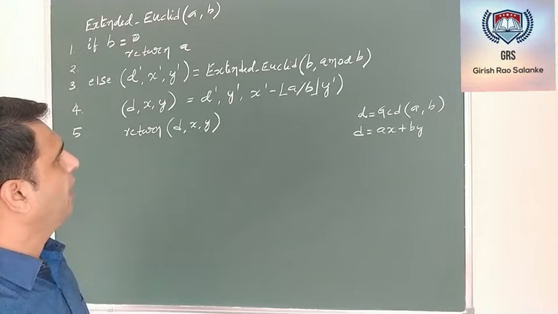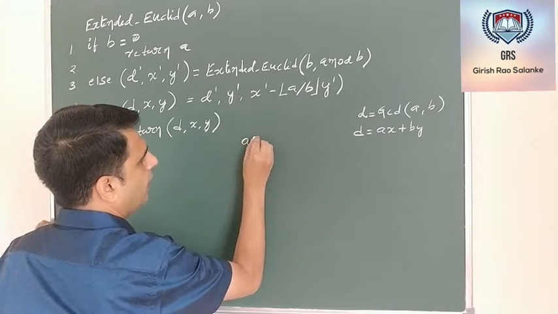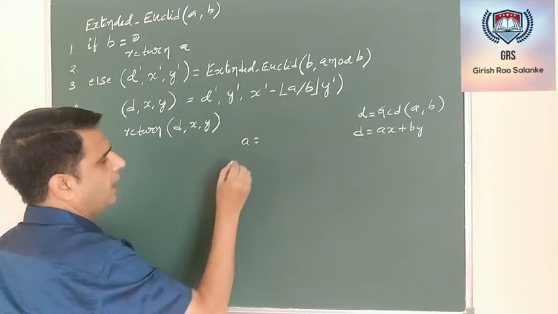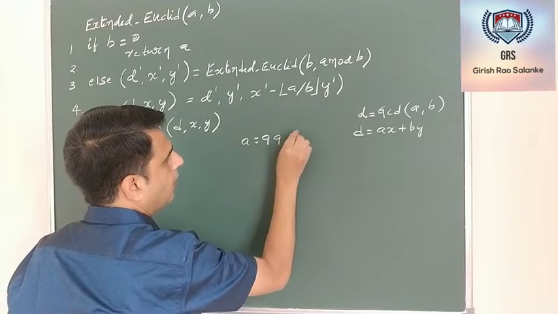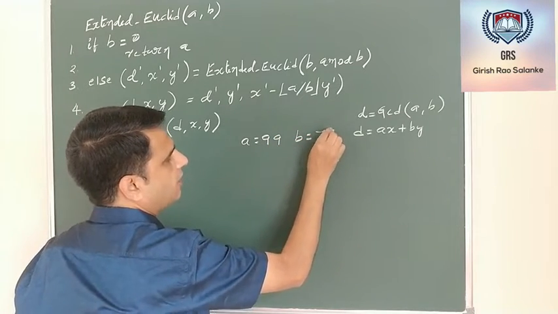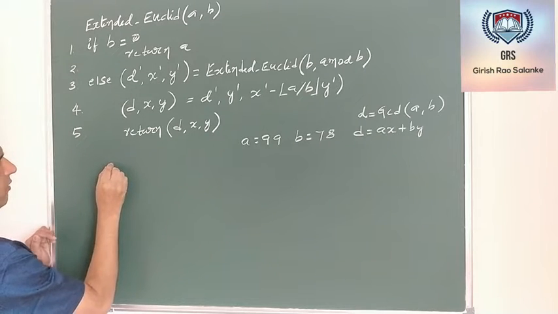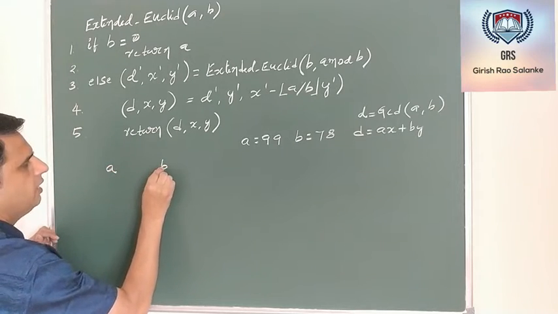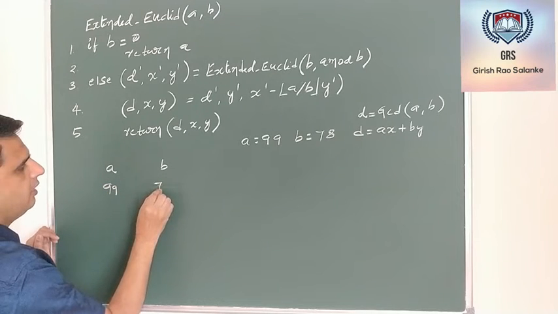Now we'll try to analyze this algorithm with some input. Let me take a as 99 and b as 78. Let me take the first column as a, and the second column as b: 99 and 78.